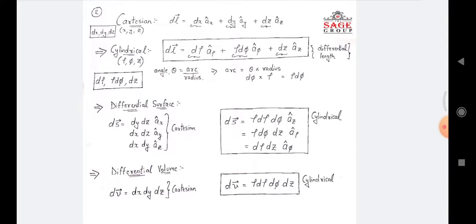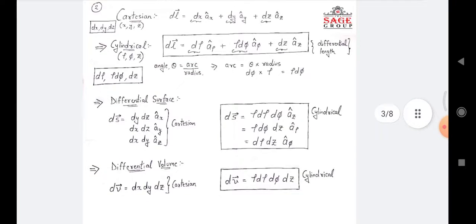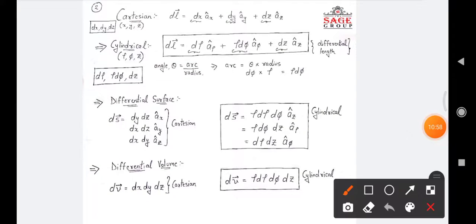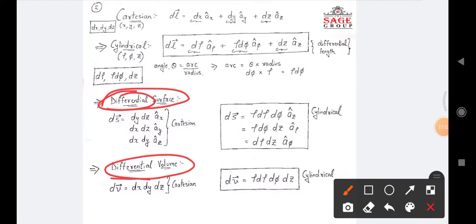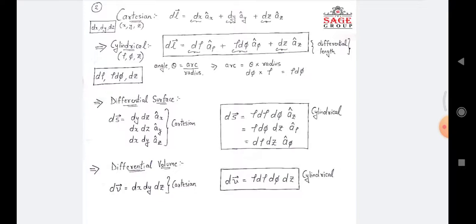Because we are talking about the differential surface, differential volume and differential length. The word differential here means dx, or I can say d rho. And in the previous sessions I have already told you that the differential part is a very small part.